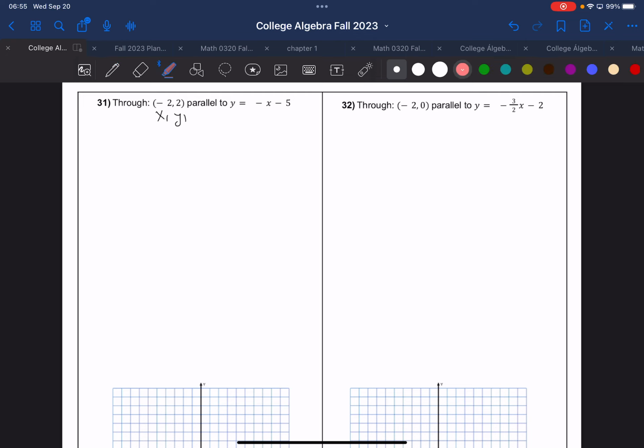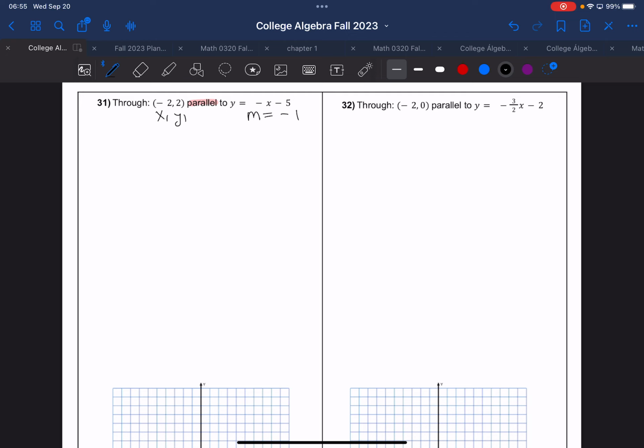And then right here, since it says parallel, that means we first have to find the slope of that equation given and then find the parallel slope to that. So what would be the slope of that y equals negative x minus 5? 1 or negative 1? Negative 1 because of that negative. So right here, we say that slope is negative 1.